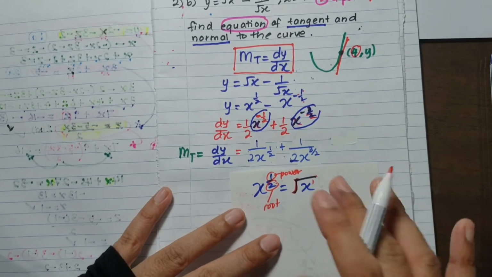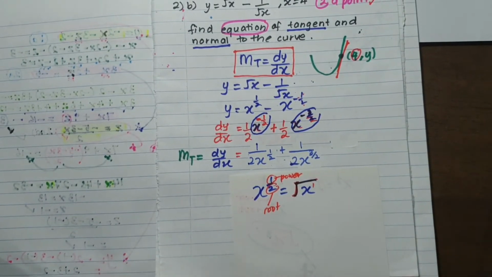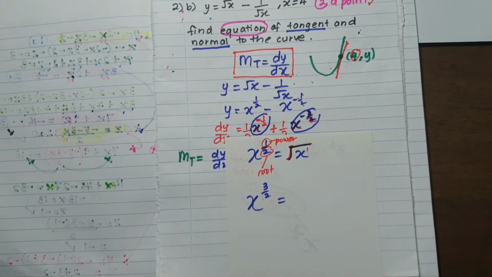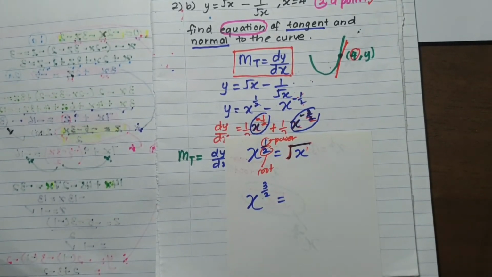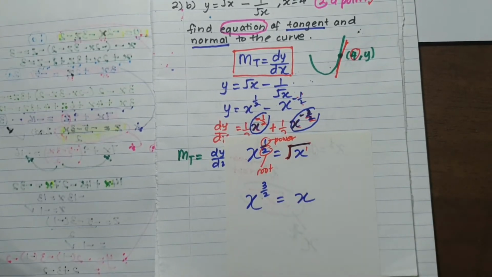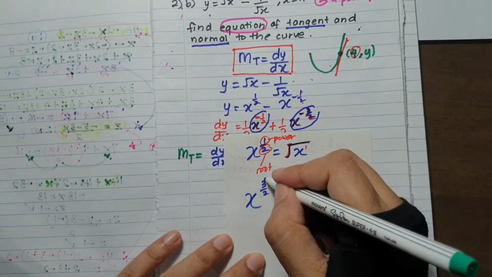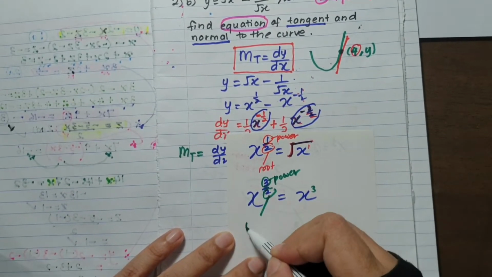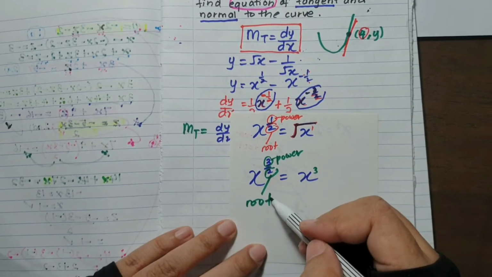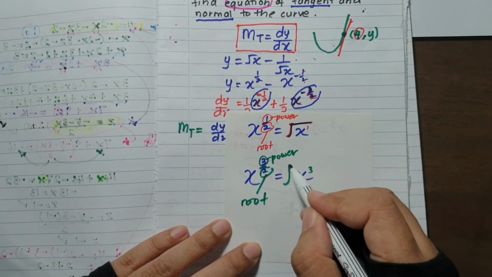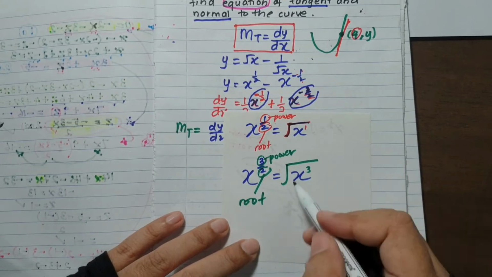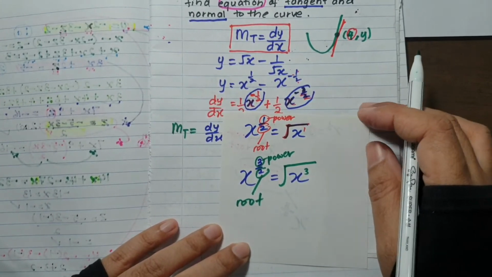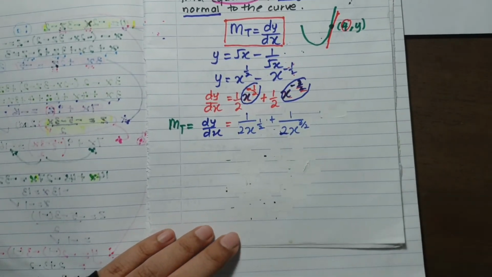And this one, x power of 3 over 2, is actually, 3 there is the power, so power of 3, and the root there is root 2, square root. Like that, actually it is like this. But to make it easy, if you find it too difficult, just take the calculator and press it.